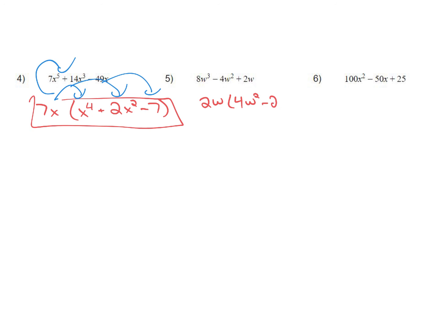Negative 4 divided by 2 is negative 2, and we're taking away 1. And then 2 divided by 2 is 1. W divided by w is 1. So that would become a plus 1. And again, after you get done with these, double check that if we multiply, yep, that gives us 8w cubed. Yep, that gives us negative 4w squared. And anything times 1 becomes itself. So we are in good shape there.